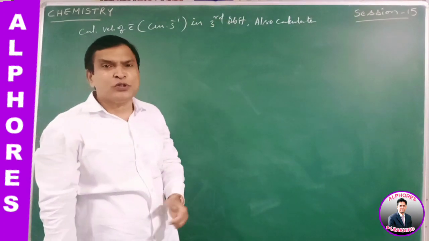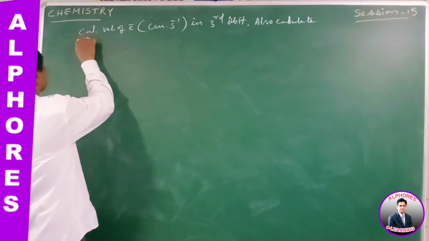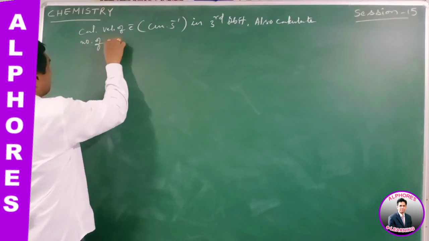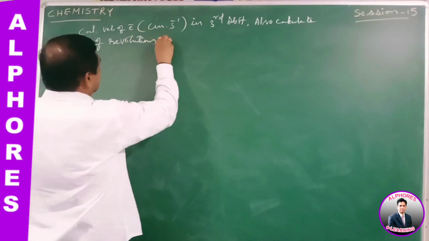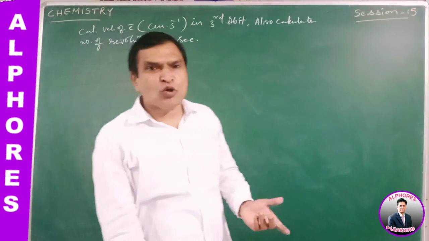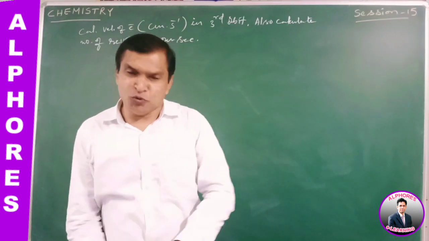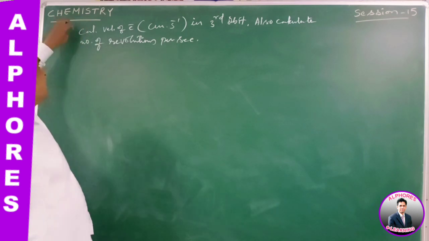the number of revolutions per second made by the electron revolving around the nucleus. So see what is the question here.